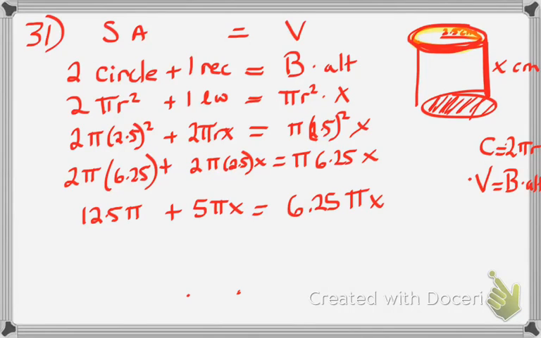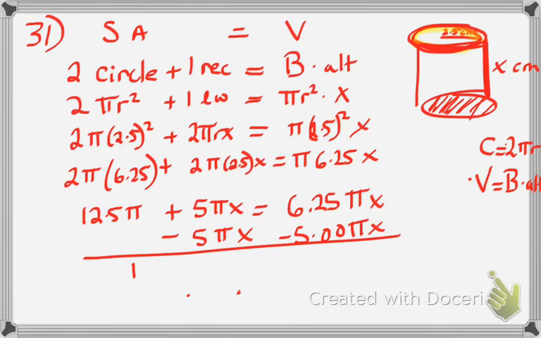Okay, now I can start simplifying. Combine my like terms. Subtract 5 pi x. I'm left with 12 and 5/10 pi equals 1 and 25/100 pi x.